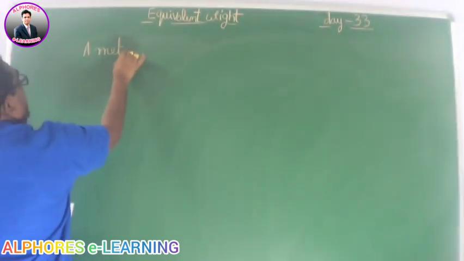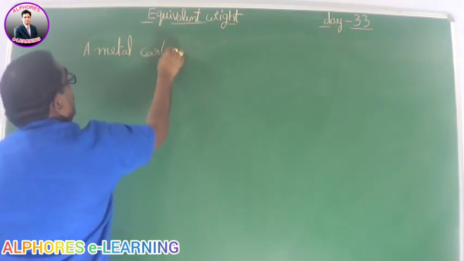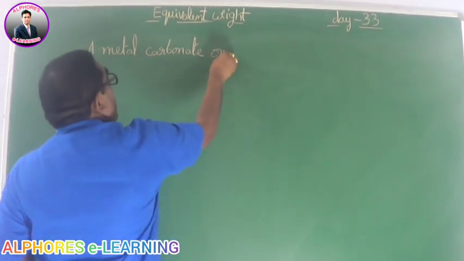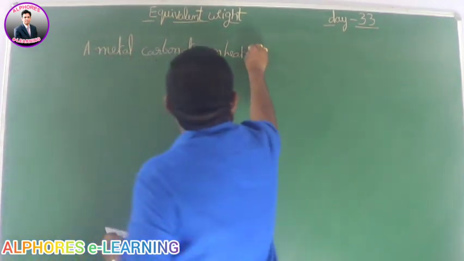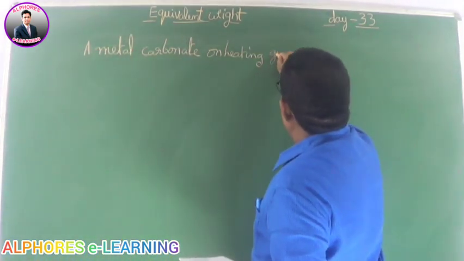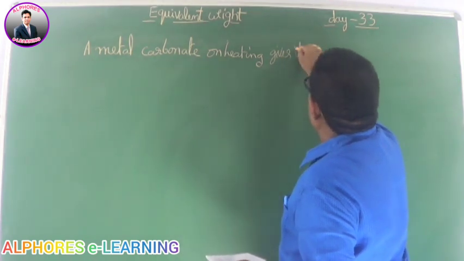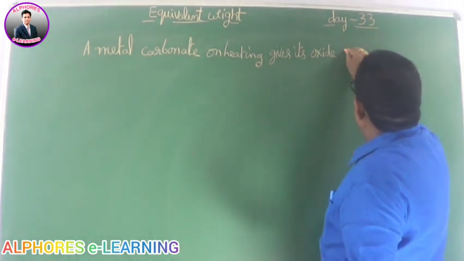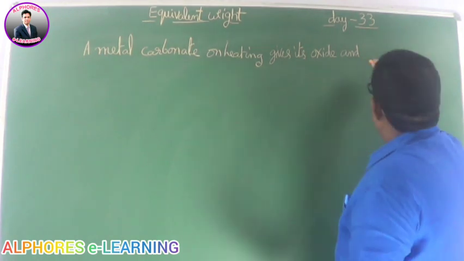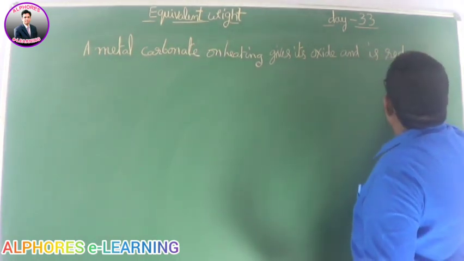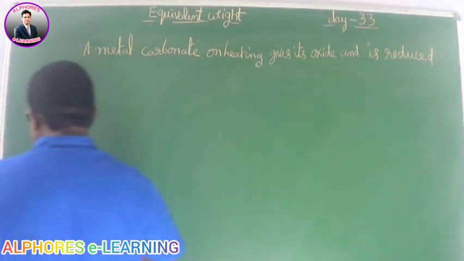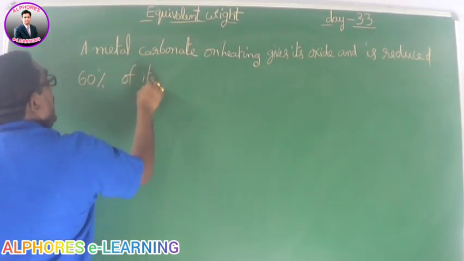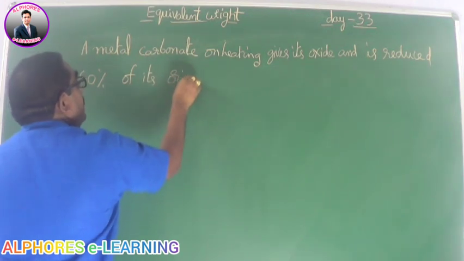A metal carbonate on heating gives its oxide and is reduced to 60% of its original weight.